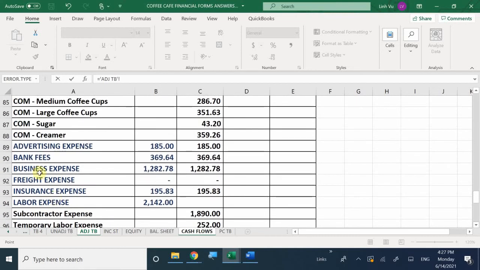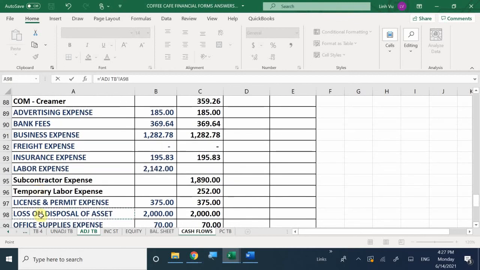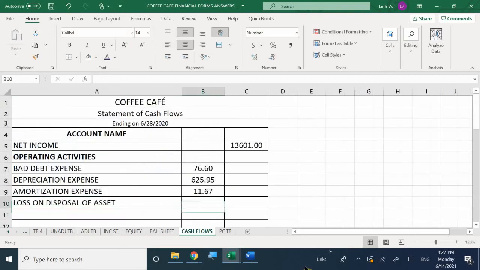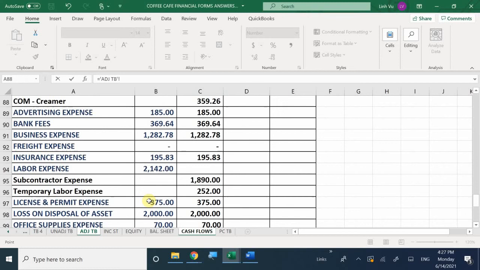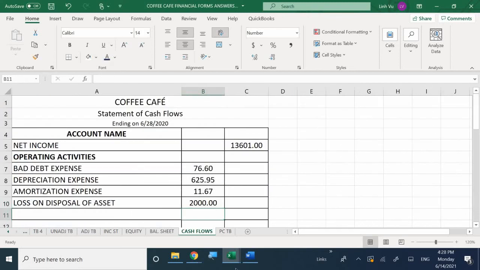So I need to add back my loss on disposal of asset, because you can't say that we spent $2,000 to lose because we sold our furniture. That's invisible money that we claimed we lost, but we didn't. So we need to add those back in. Those are our non-cash transactions.